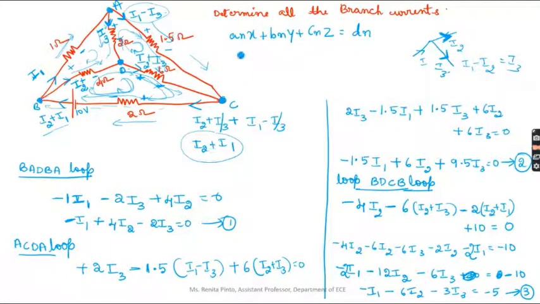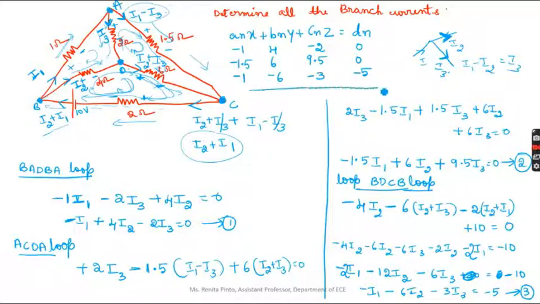From the first equation, A is minus 1, B is 4, C is minus 2, D is 0. From the second equation, A is minus 1.5, B is 6, C is 9.5 and D is 0. From the third equation, A is minus 1, B is minus 6, C is minus 3 and D is minus 5.